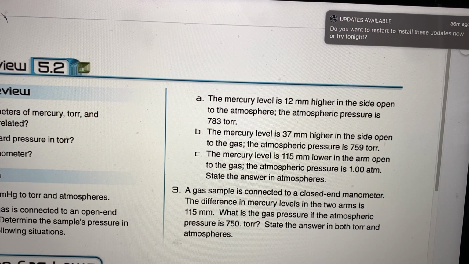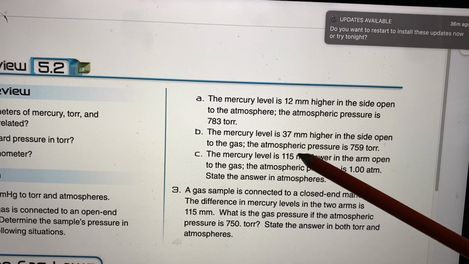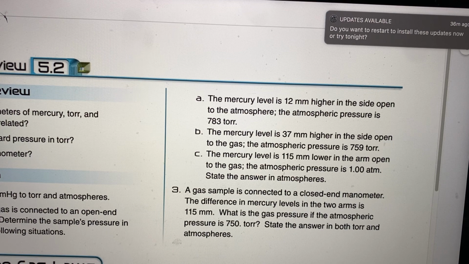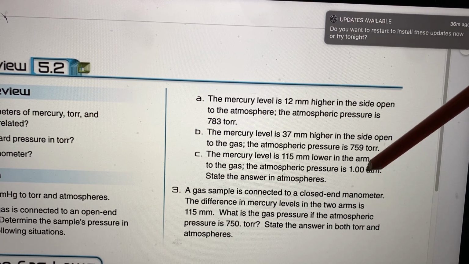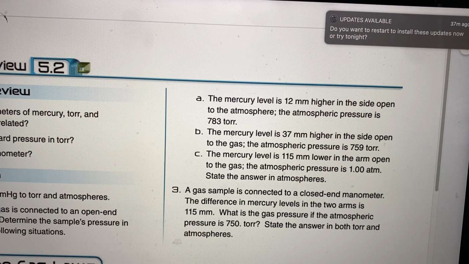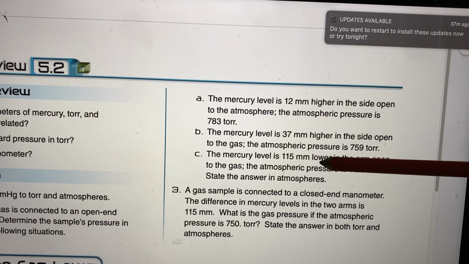So you're going to add 115 millimeters to the pressure at 1 atm. 1 atm is 760 torr, remember? So you're going to add 760 to 115, which is 875.